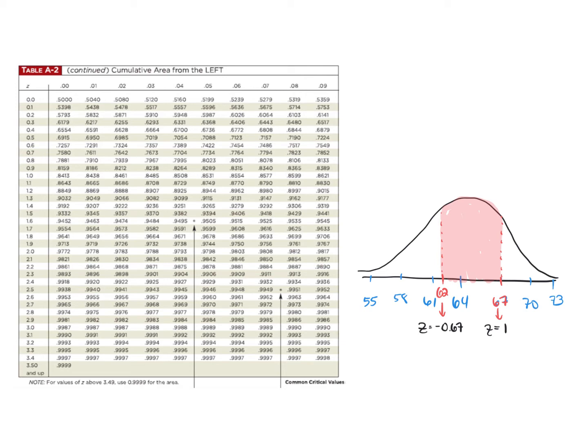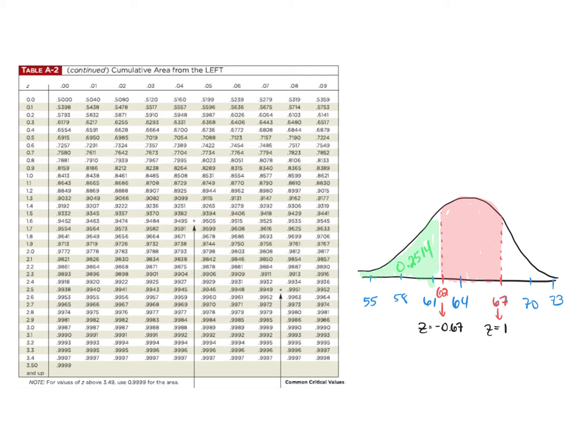Recall in part A, when we converted 62 inches to a z-score of negative 0.67, and then went to the negative side of the z-table, we found that the area to the left, which I'll shade in green here, the area to the left of a z-score of negative 0.67, is 0.2514.